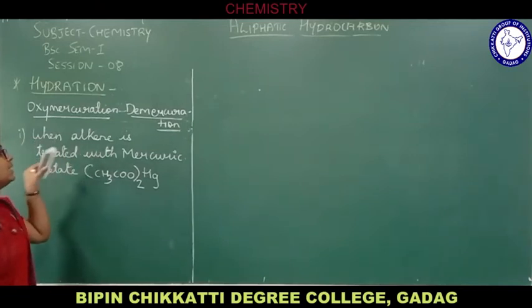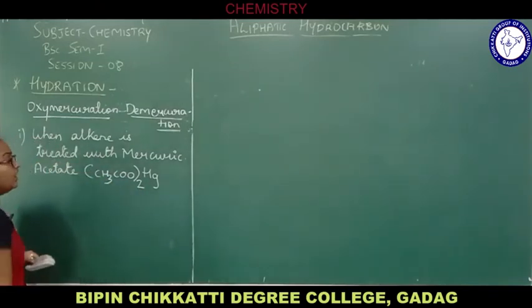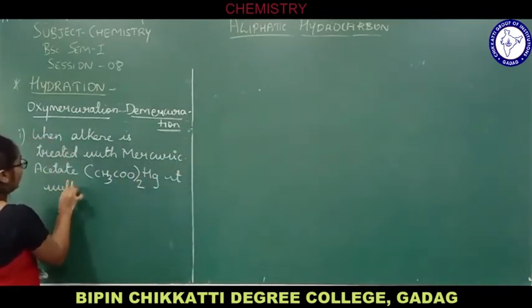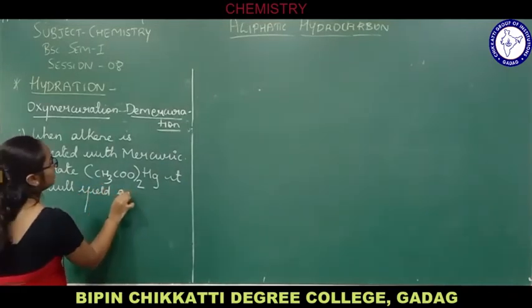When the alkene is treated with the mercuric acetate, it will yield an intermediate.